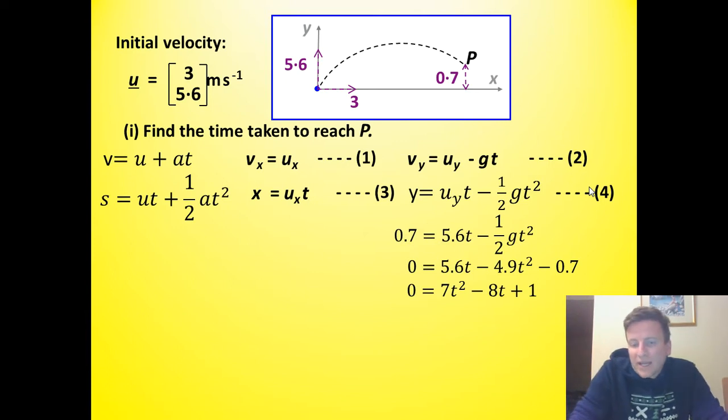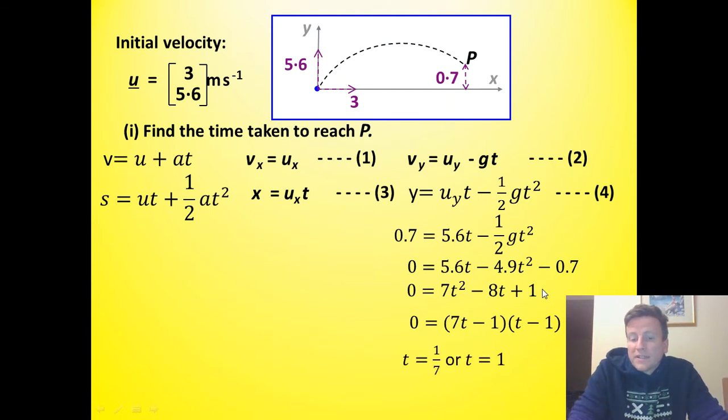I've multiplied everything by 10, and then we can divide through everything by 0.7 to get the same sort of idea. We're looking at the 7 times table. You could just put the initial one straight into your calculator, and it'll solve it to give you that the time is equal to 1/7 or t equals 1.